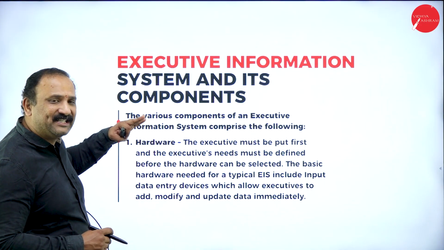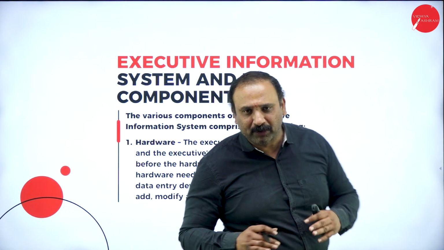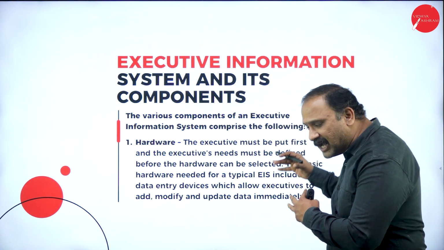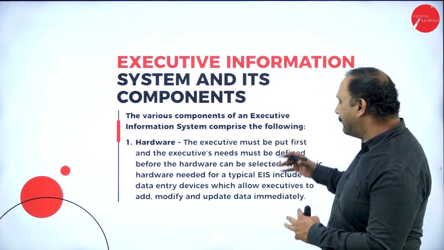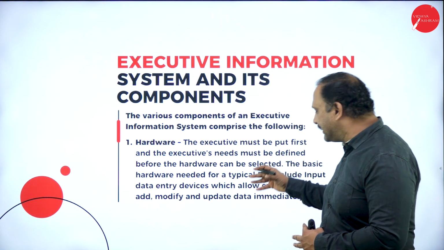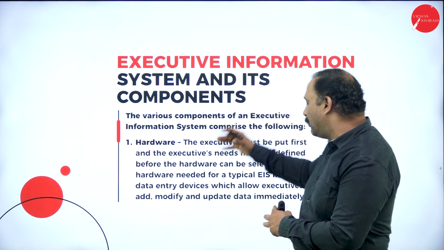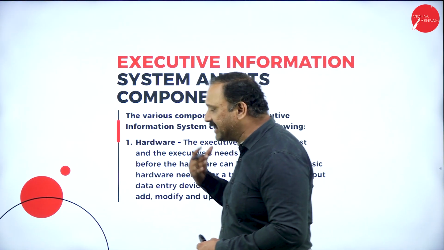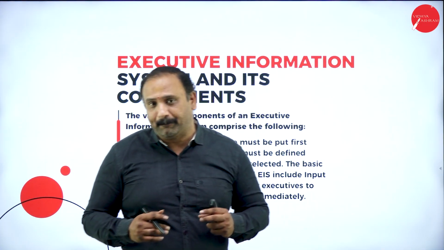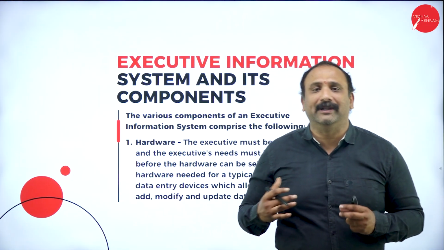The first one is the hardware that we are going to talk about. The executive's needs must be defined before the hardware can be selected. The basic hardware needed for the typical EIS is the data entry devices, which allow the executives to add, modify, and update, which means to say that these are the components that need to be first in place, that need to be first built in before we start modulating the things.